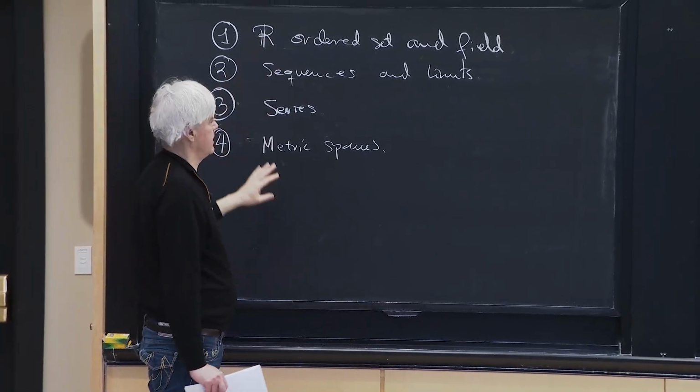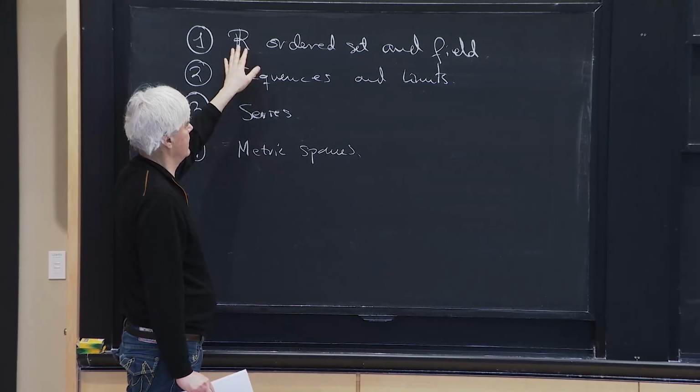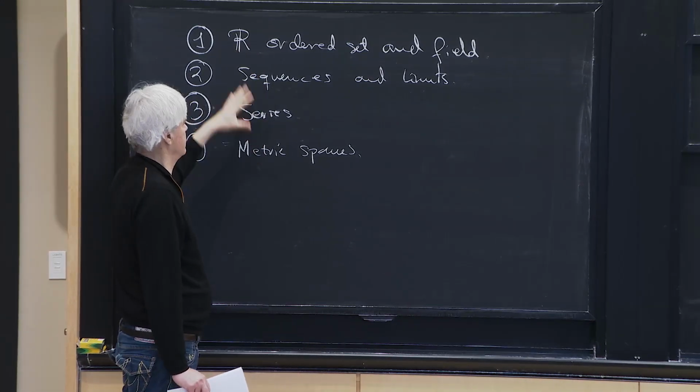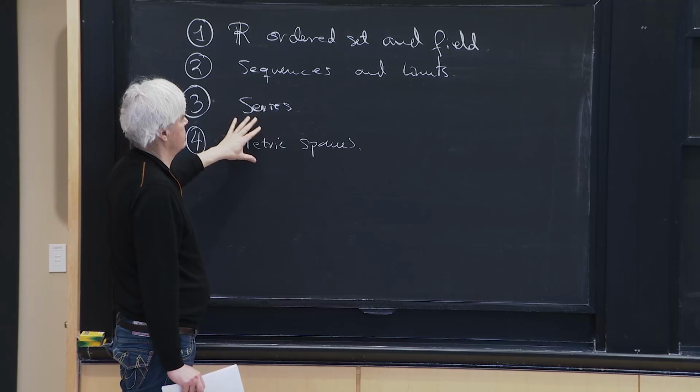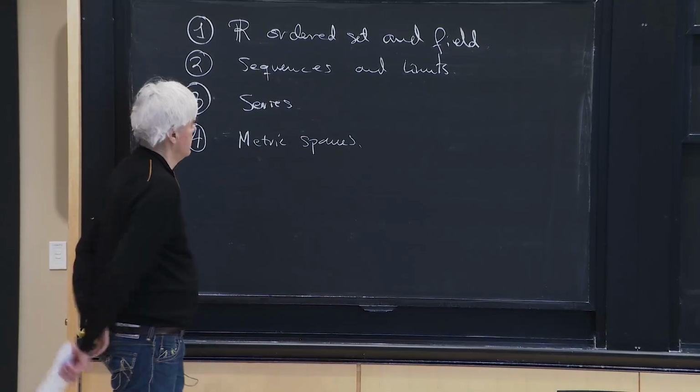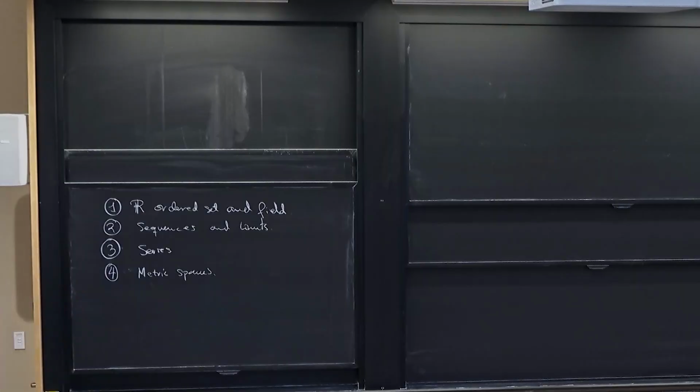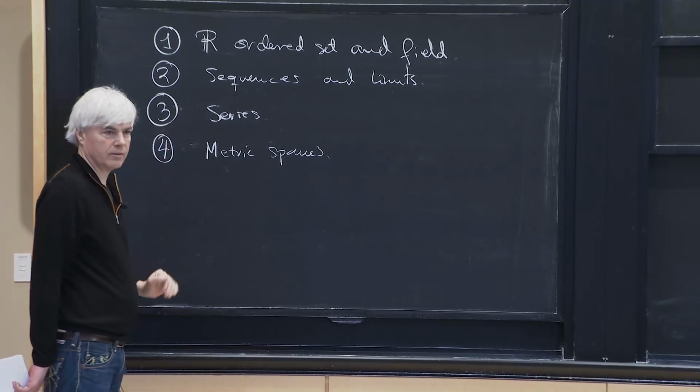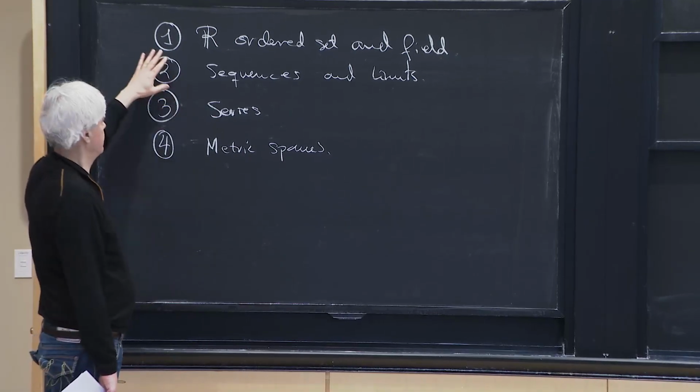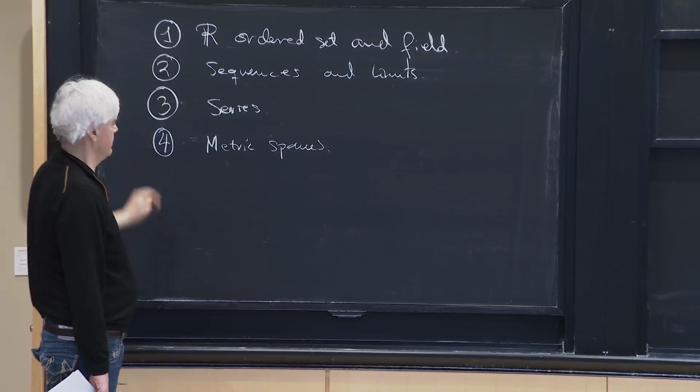There are other things that don't generalize. A general metric space doesn't necessarily come with an ordering, and it's not like a field. In particular, typically you can't sum elements, so a series doesn't make sense either, right? But these things here make sense in a metric space.